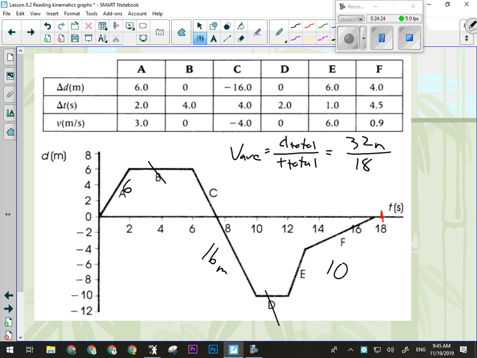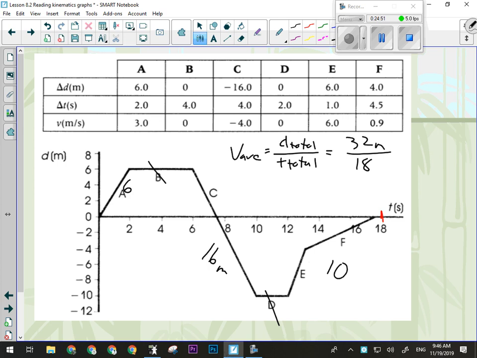Because during the steepest part, it covers the most distance in the shortest amount of time. Again, that's not me memorizing that the steepness of the line equals speed. It's me just thinking logically. Furthest distance, shortest space of time, that's fast because that's speed equals D over T. So E looks the steepest. It looks a little bit steeper than C. It's definitely steeper than A. Definitely steeper than F.